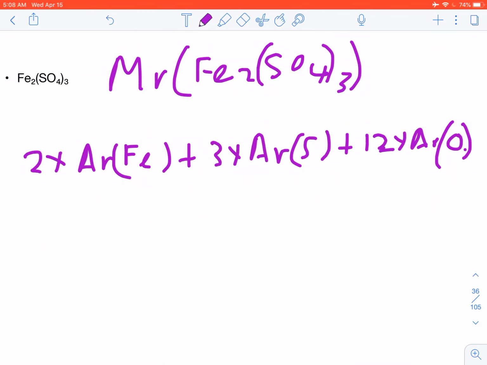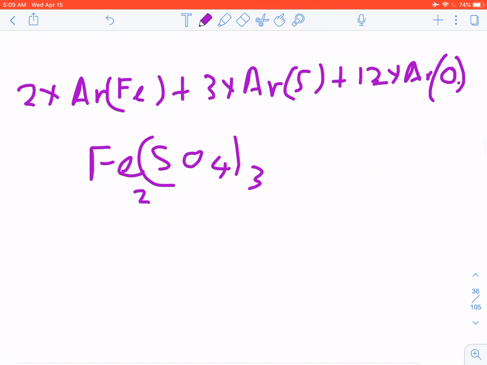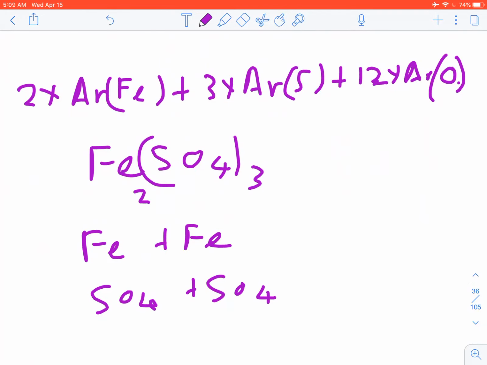Right, you may say, how have I got that? If I have, for instance, Fe2(SO4)3 like that, what this really means is I've got Fe plus another Fe, and I've got 3 SO4s, which means SO4 plus SO4 plus SO4.